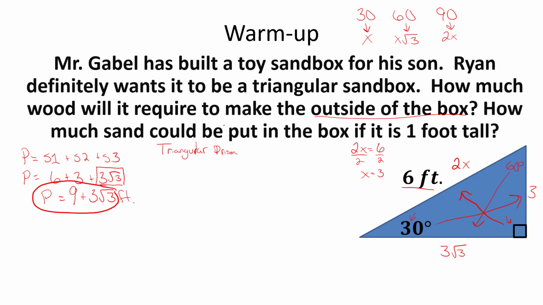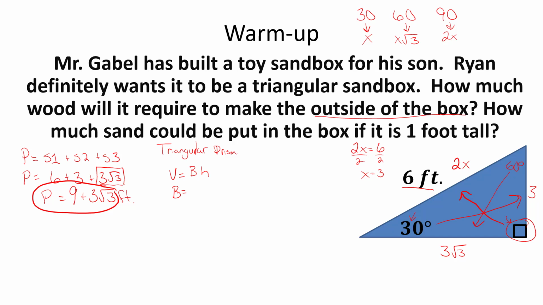And since we're dealing with a triangular prism, it's going to use the volume formula. Volume is equal to big B times H, where we always want to start by finding the area of the base. So, area of the base, we need to look for the triangle's right angle because that's the one that is touching both the height and the base of the triangle.